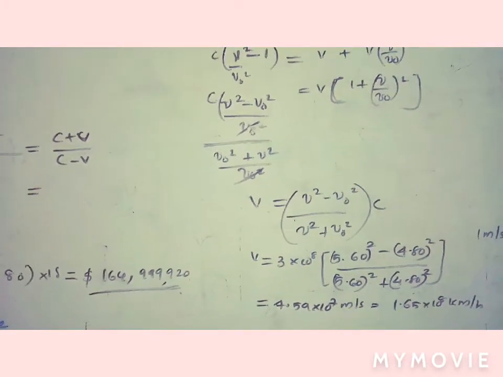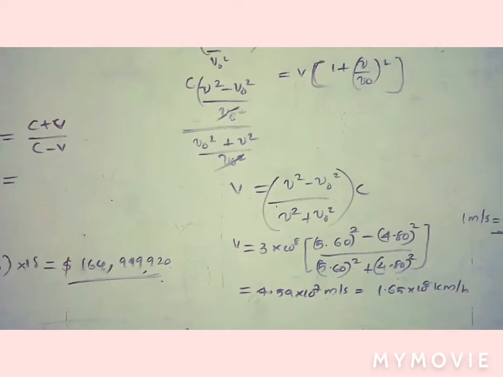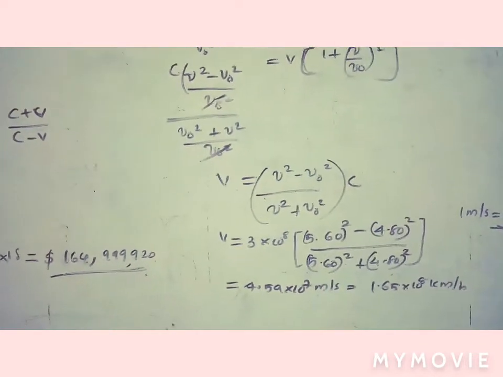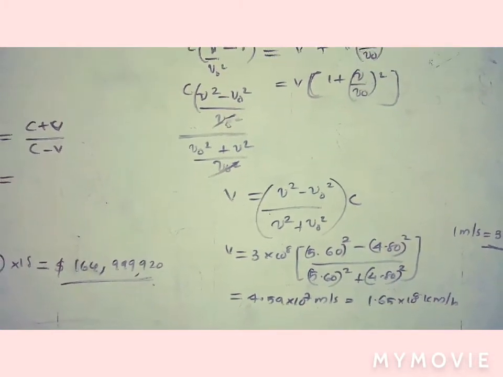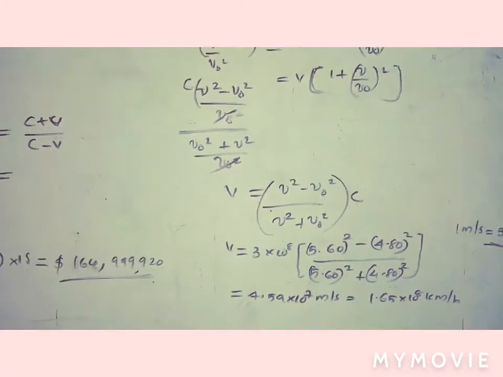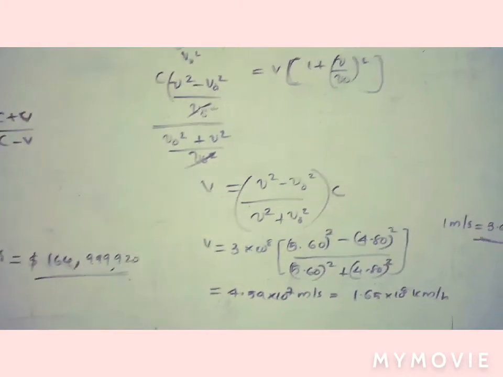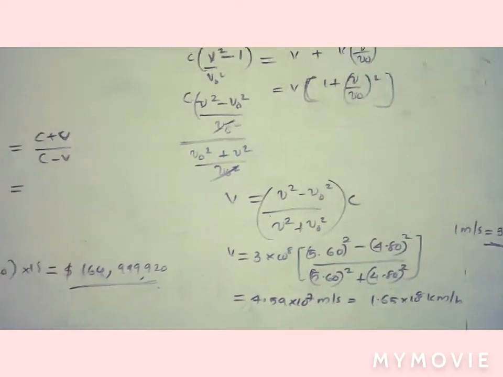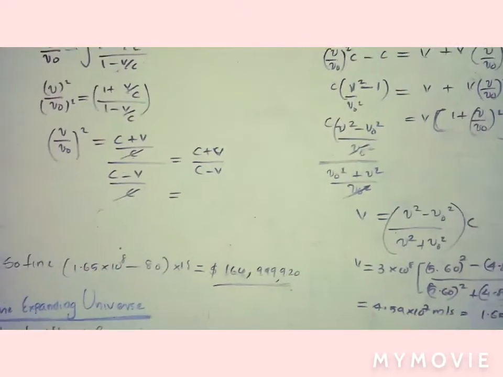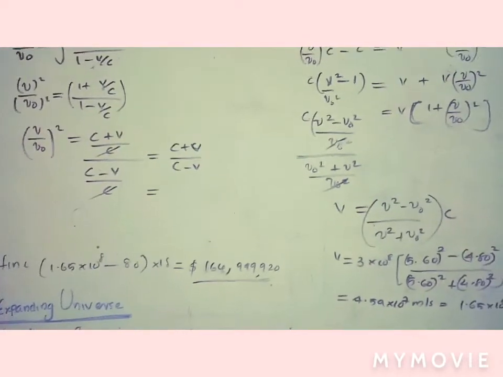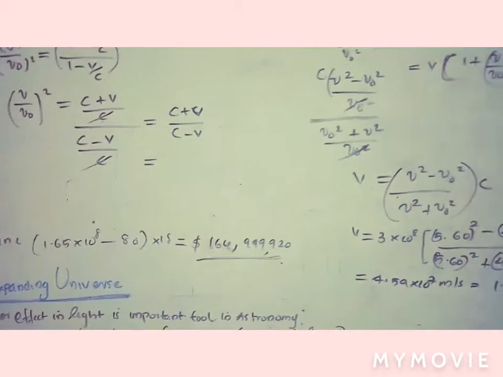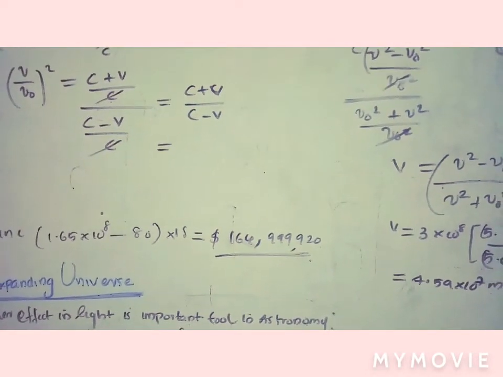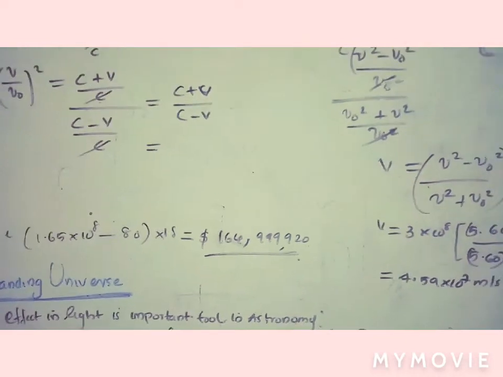We have to convert it into kilometer per hour. That is, we just multiply by 18 by 5, or we know that 1 meter per second is equal to 3.6 kilometer per hour. Okay, and she has to pay for exceeding the speed, $1 for each kilometer per hour.